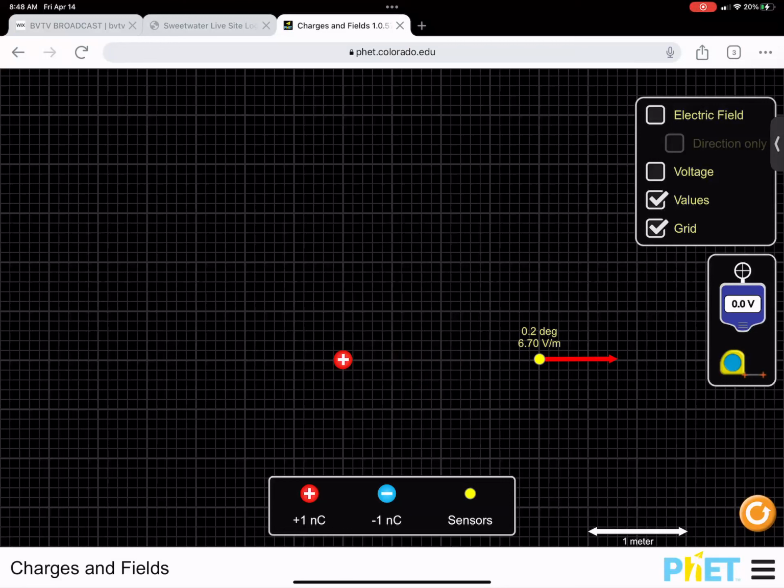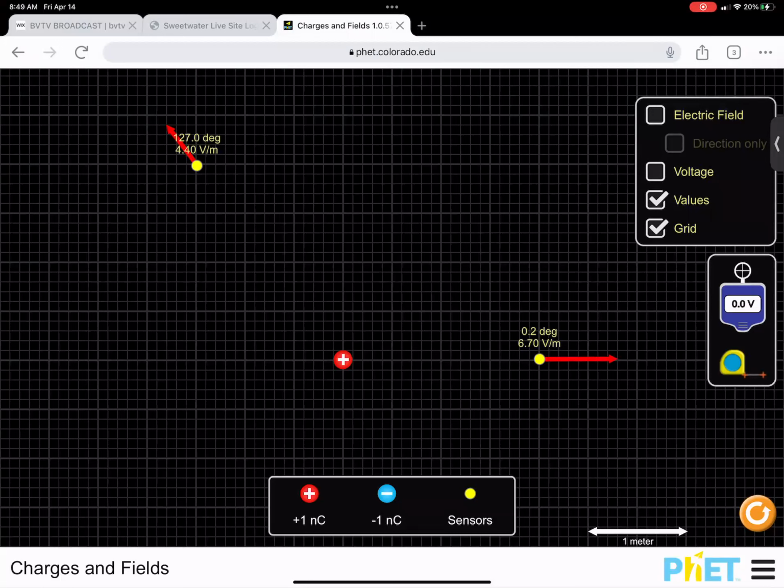Now the other one, I'm going to go over 1.5 and then up 2. So 0.5, 1, 1.5, then I'm going to go up 2 meters. Remember, every one of these boxes is 0.5 meter. So from here, I'm going to go 1/2, 1, 1 1/2, 2, just like that.